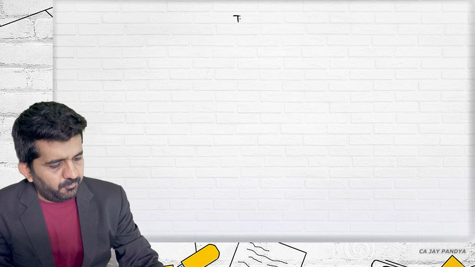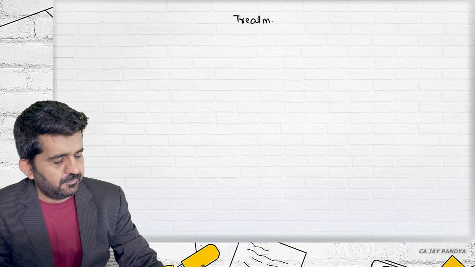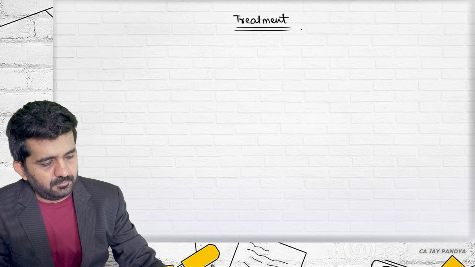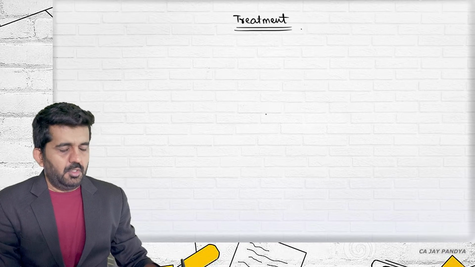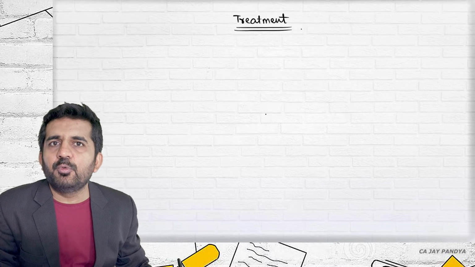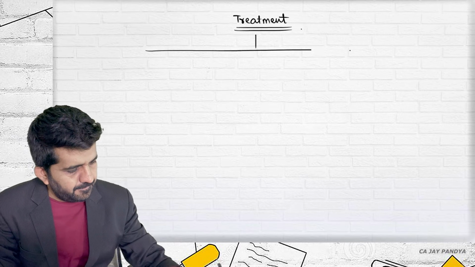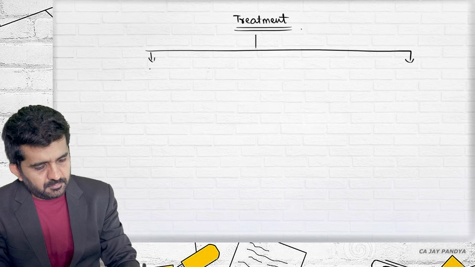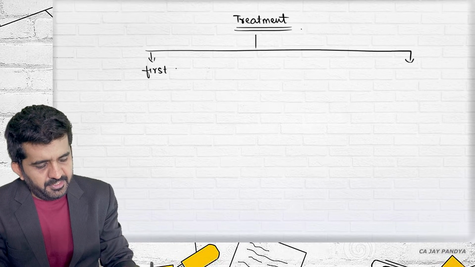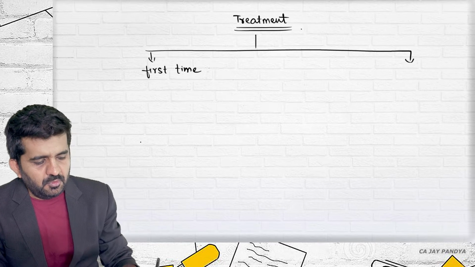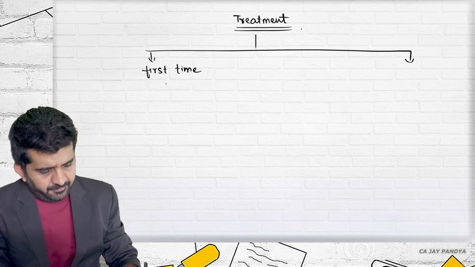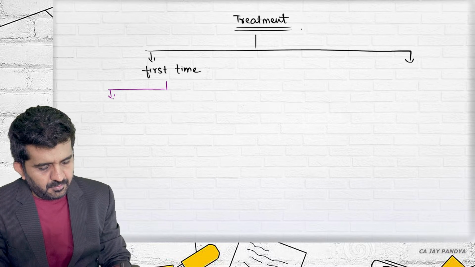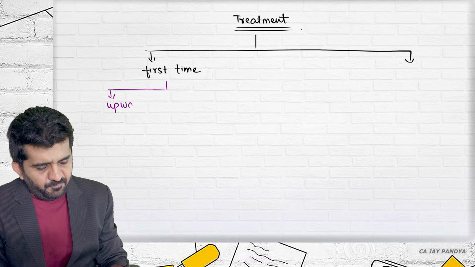All right. We are going to learn an important point, which is the treatment. Try to understand, the revaluation is done for the first time. If it is for the first time, it can be upward revaluation.